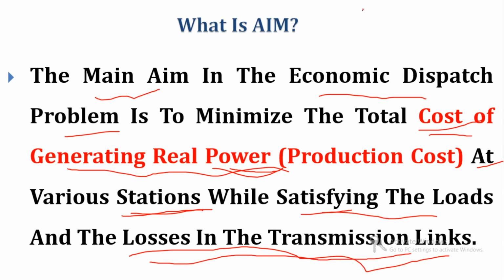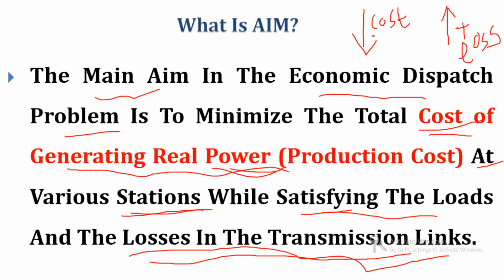That means we have to minimize the generation cost and supply the load and losses in the transmission line.